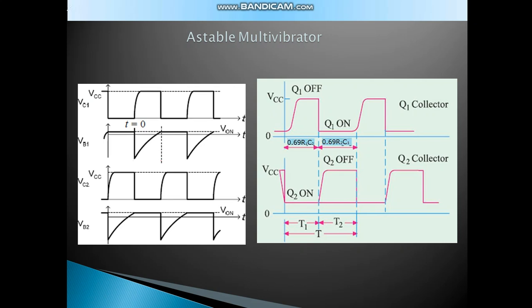If R equal to R1 equal to R2 and C equal to C1 equal to C2, then total time period T equal to 1.38 RC. So f equal to 1 by T, so you will get 1 by 1.38 RC, that is equal to 0.7 by RC.